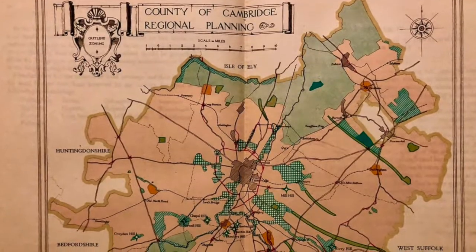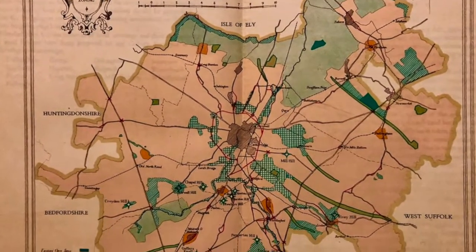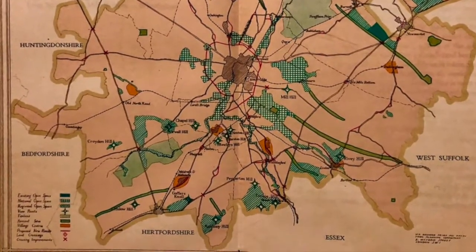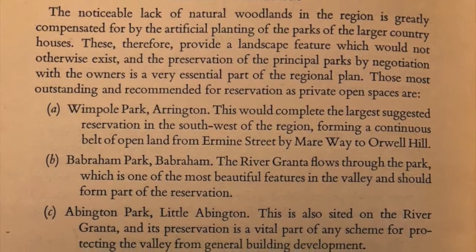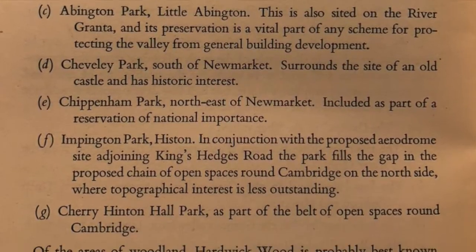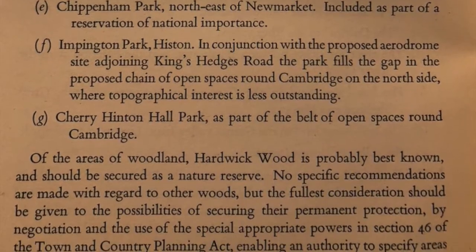Open spaces, national, regional and local. Again, I mentioned it earlier, and one of the great things here is that they mention a whole series of places across Cambridge where they're basically saying, don't build here, we need some local open spaces.